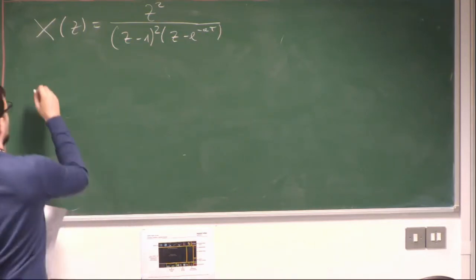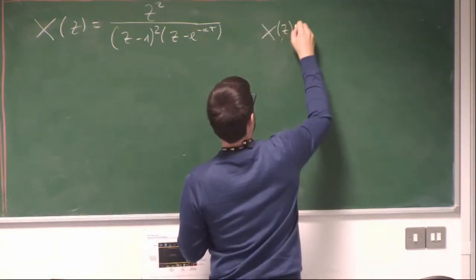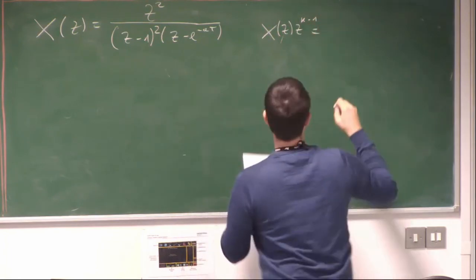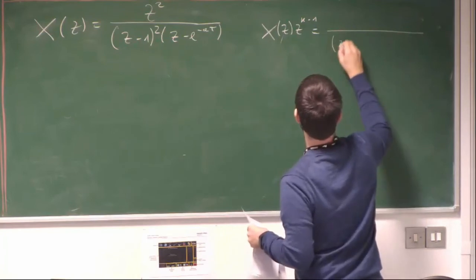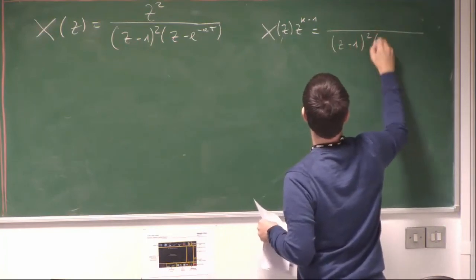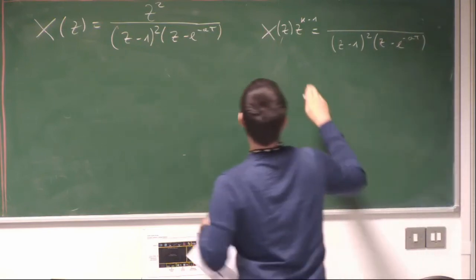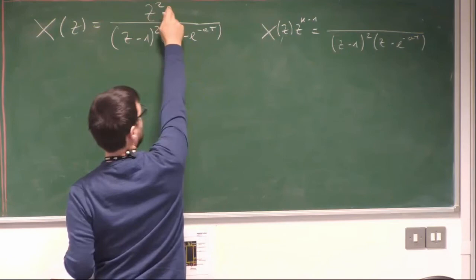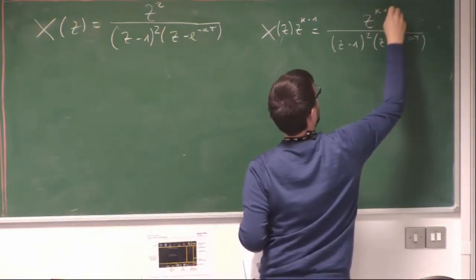First of all, we compute X(z) times z^(k-1). The denominator will not change, it's the same. The numerator will be z^(k-1) times z^2, and so it will be z^(k+1), okay?